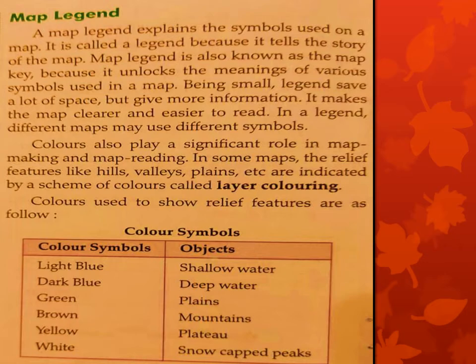The colors used to show relief features are light blue, which is used for shallow water, dark blue for deep water, green for plains, brown for mountains, yellow for plateau, and white for snow-capped peaks.